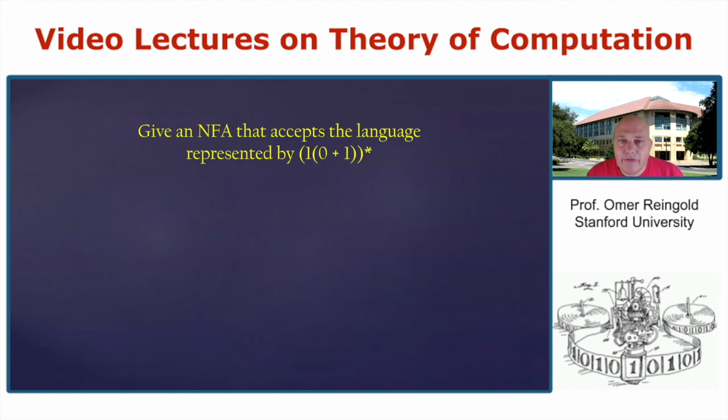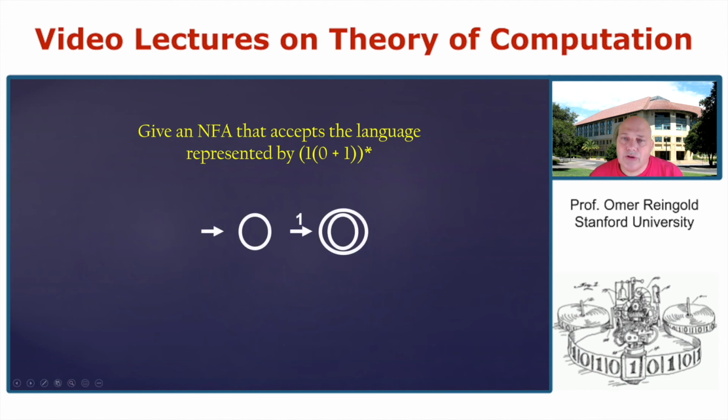So this is an example. Given an NFA that accepts the language represented by this regular expression, we can do it. The proof that any regular expression is accepted by some NFA was actually a constructive proof.